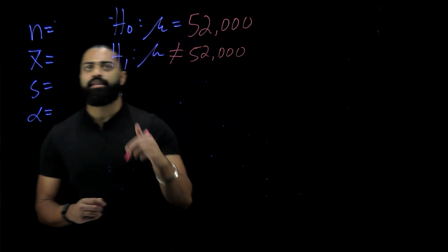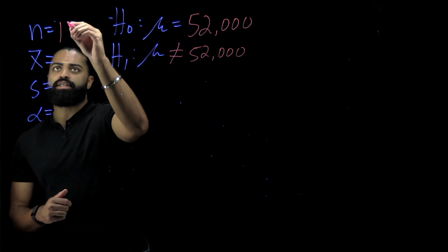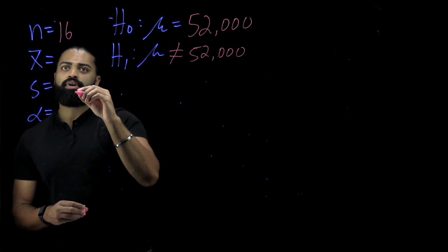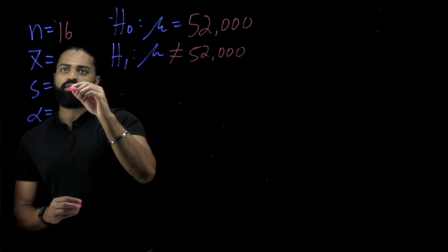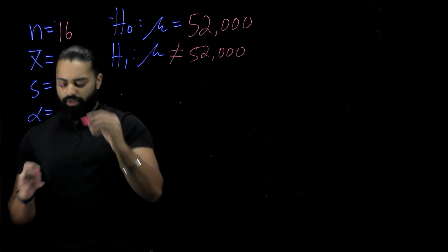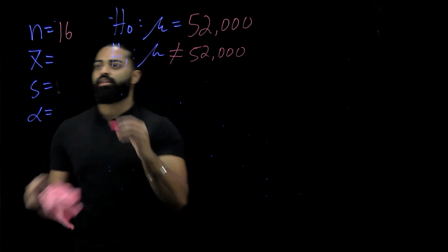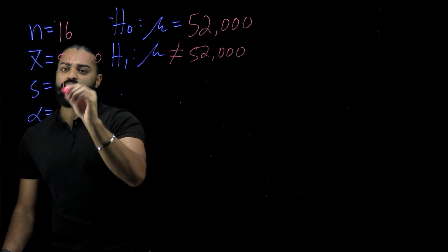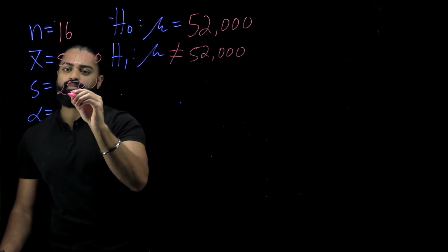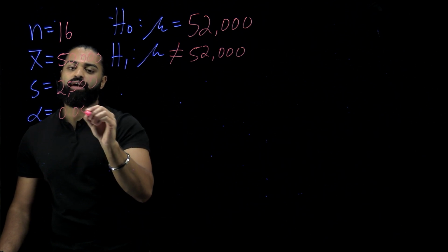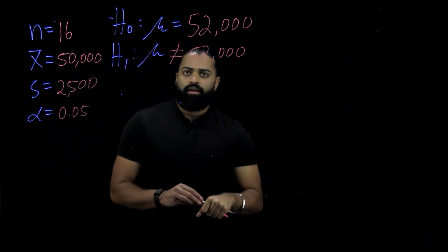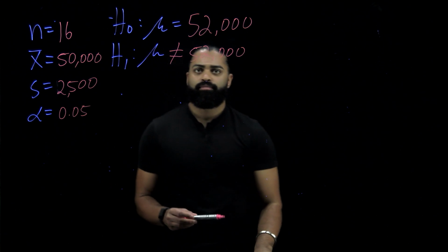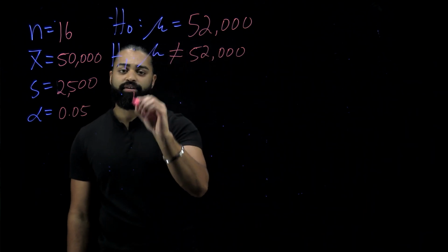So the n in this case is going to be 16. The x bar is going to be 50,000. Standard deviation is 2,500. And alpha is 0.05. All right, so in this space, we're still finding our t-stat.